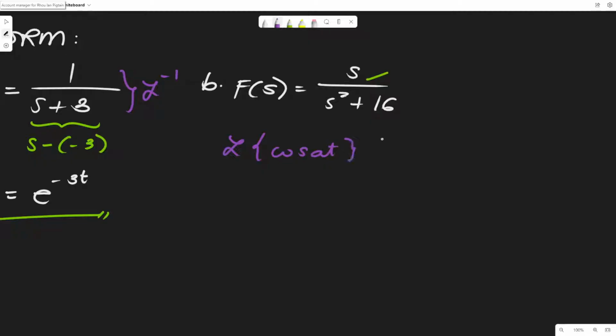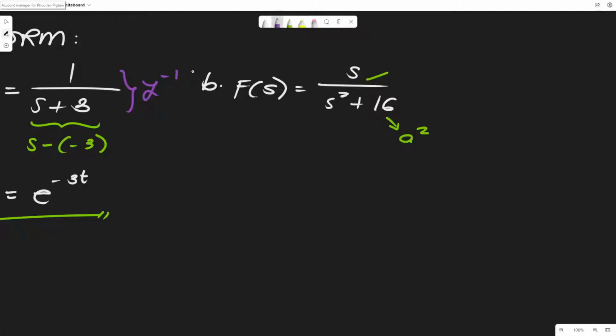Ano ba ang Laplace transform ng cosine at? That is s over s squared plus a squared. Pwede natin gamitin to to determine the inverse Laplace transform. So we have ito yung ating a squared. Ibig sabihin, a is equal to 4.